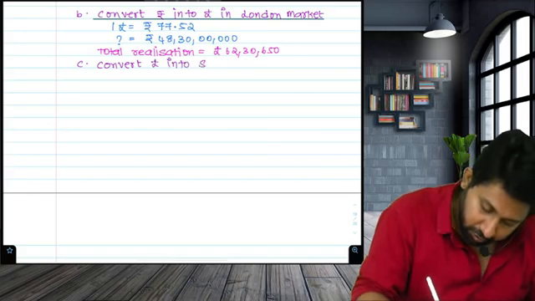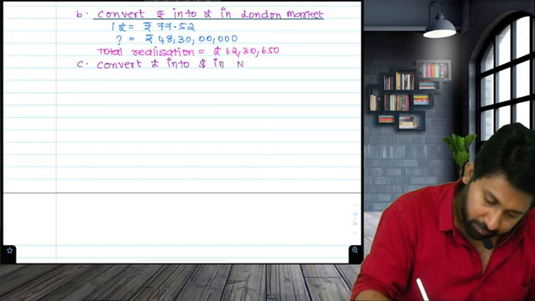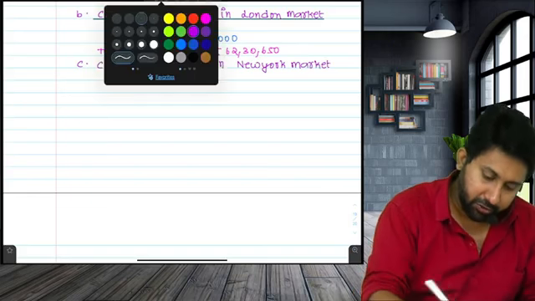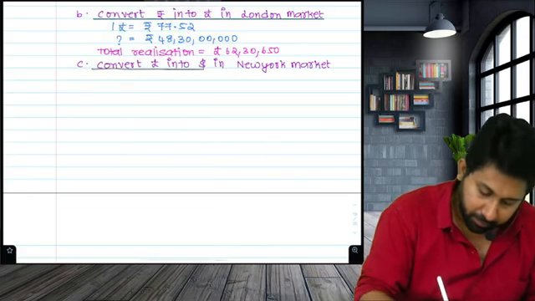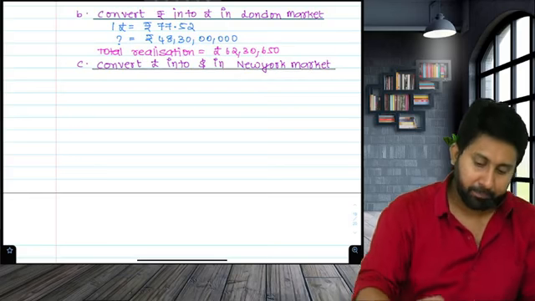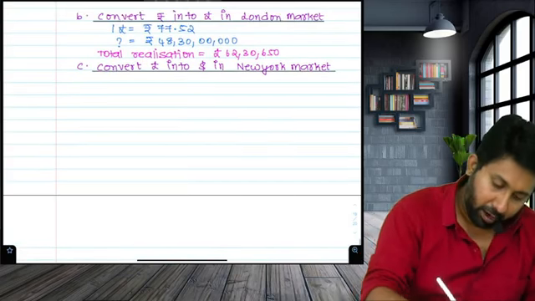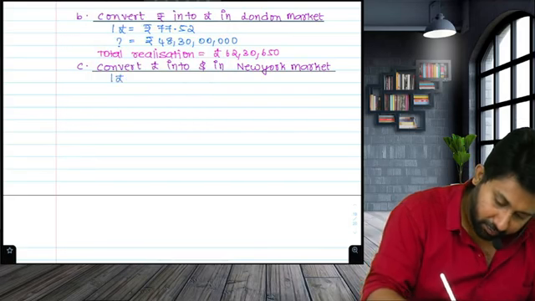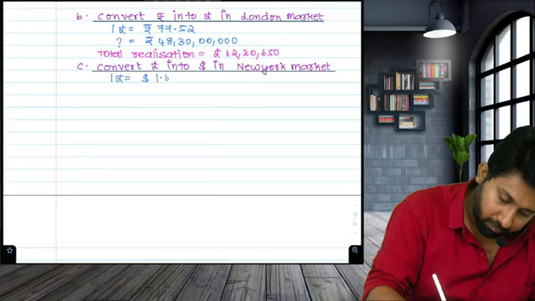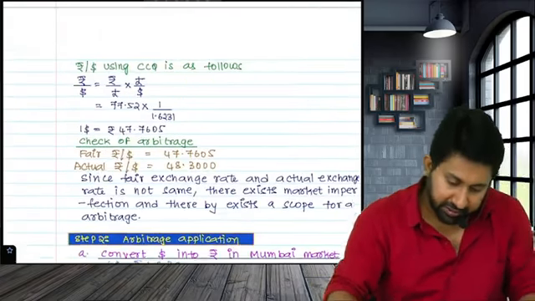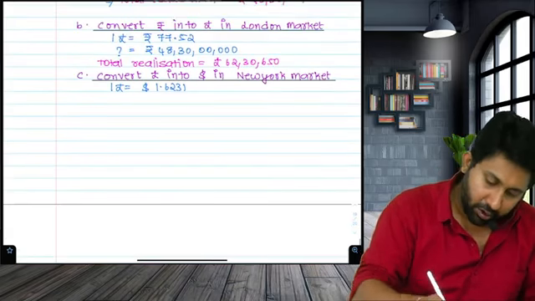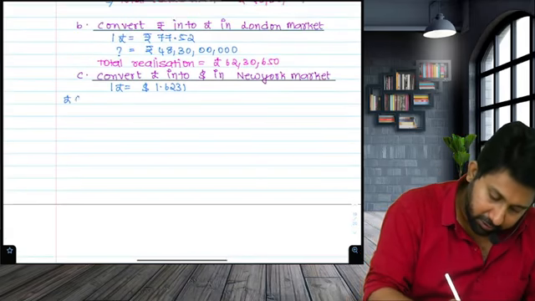Next, step C. Convert pounds into dollars in New York market. Now tell me, what is the exchange rate? 1.6231. Yes, 1.6231. How many pounds are you having?